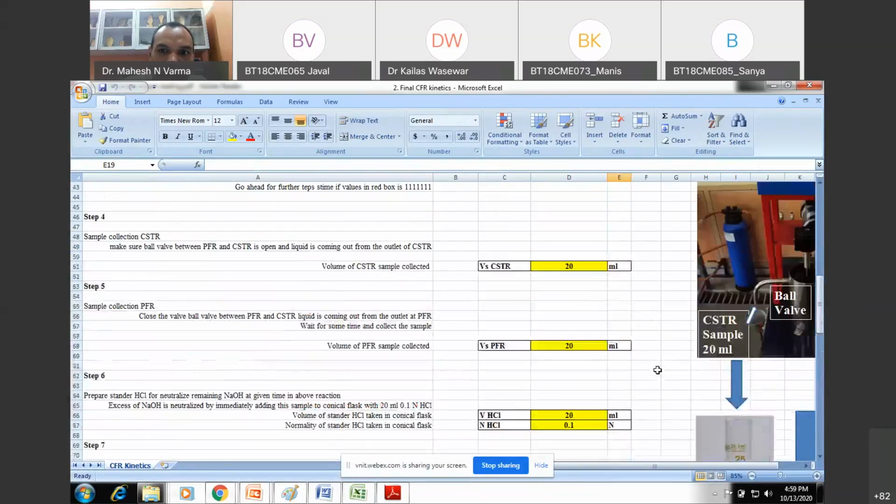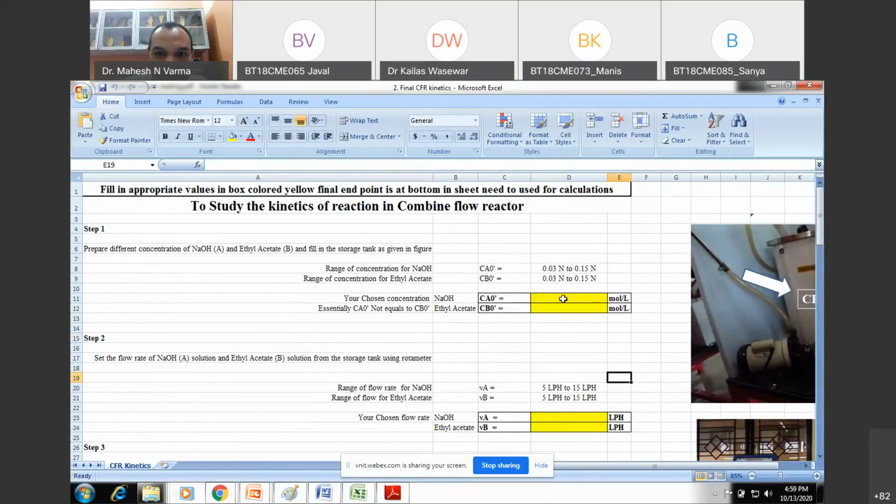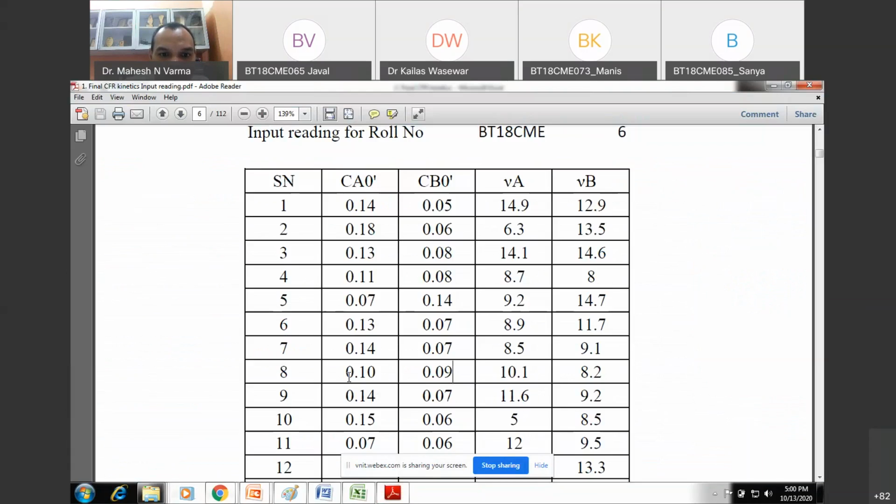So you don't do anything in this Excel file. You give the input here. What is the input given on number 8? It is 0.1 CA0, and CB0, the concentration of ethyl acetate, is 0.09.